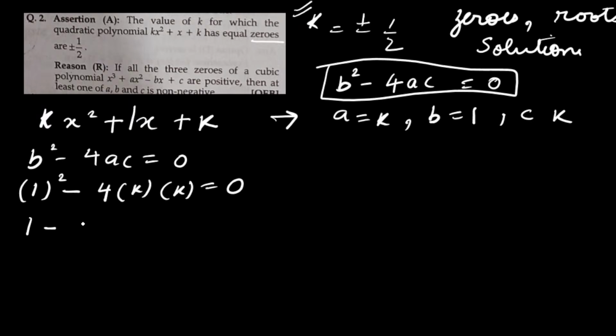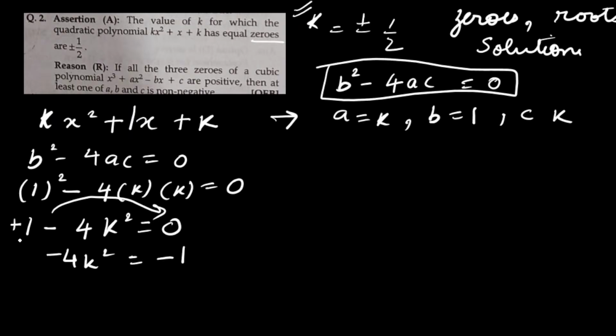So 1 minus 4 into k into k, k into k is k square, is equal to 0. Now let's shift 1 to other side. If I shift 1 to other side, it will become negative 1 because here it is positive. Then let's shift minus 4 to other side. So k square is equal to minus 1 by minus 4.